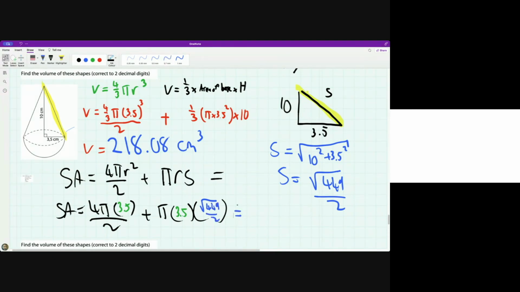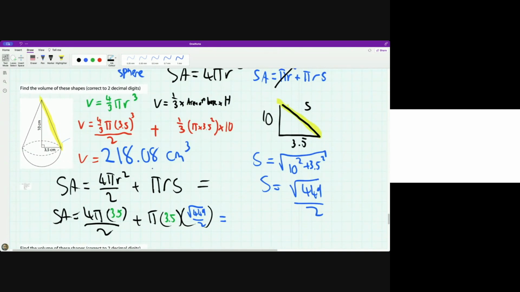Someone help me out with finding the surface area of this shape. So, did I get my slant height wrong? Are you guys all getting square root 449? Let me just check that.